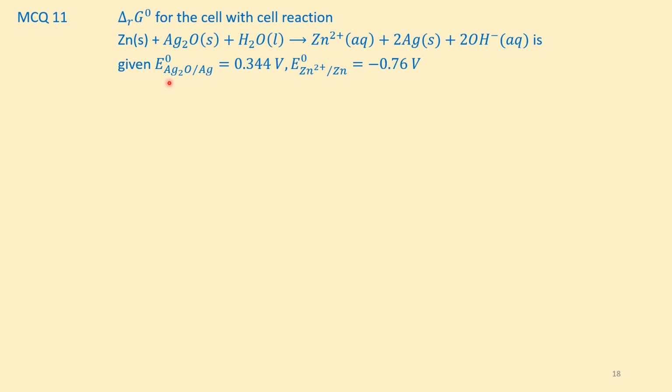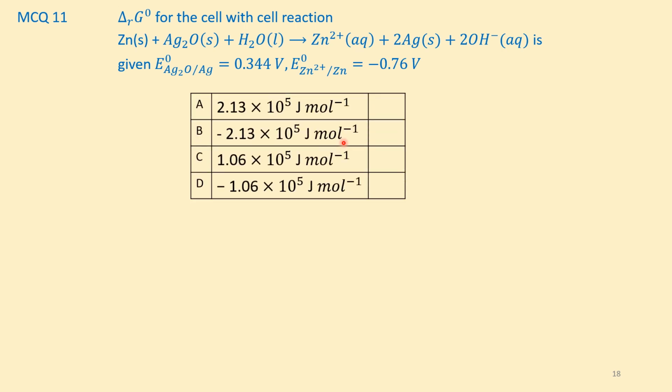Given that E naught of Ag2O to Ag is 0.344 and E naught of Zn2+ to Zn is minus 0.76, we have to find the value of delta G naught.